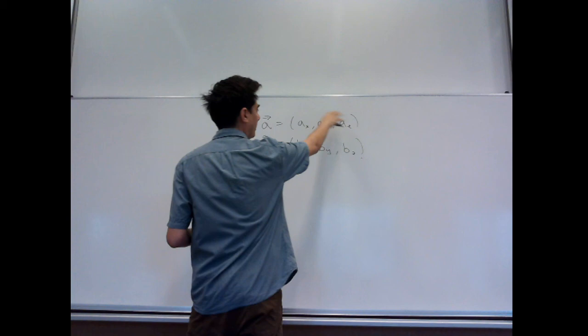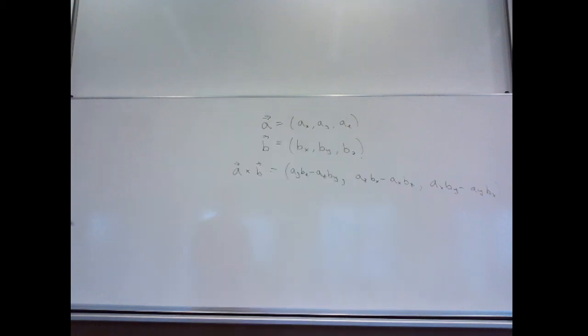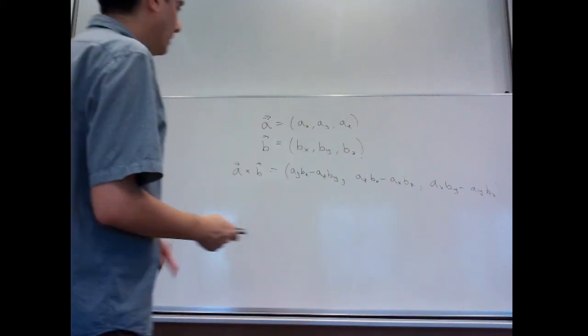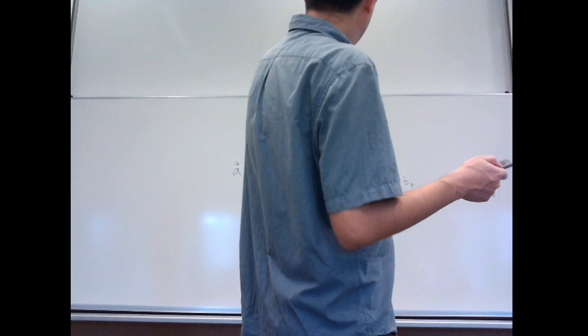And this one was ax by minus ay bx, and that's basically the definition of the vector product.